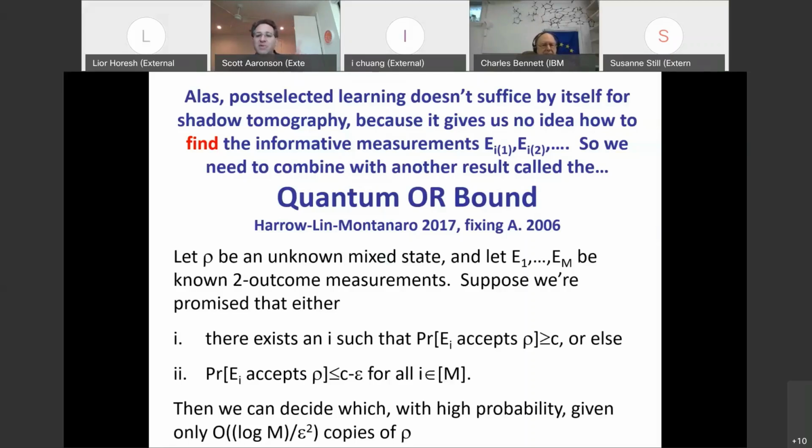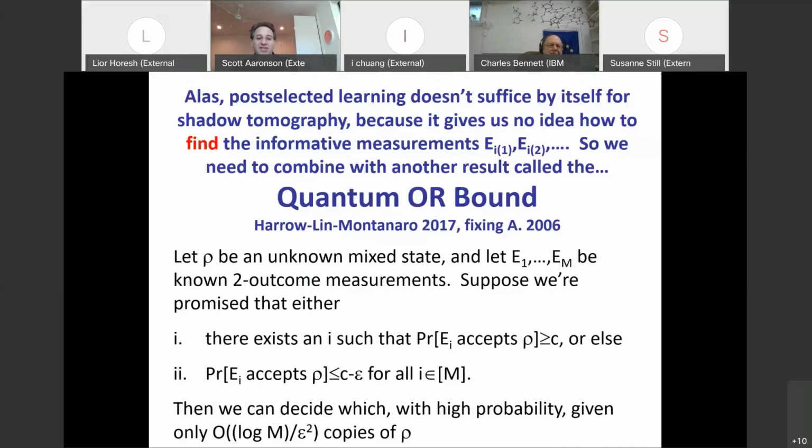Either there is some measurement I in our list, some EI, that accepts rho with high probability, at least C, let's say, or else every EI in our list accepts rho with probability at most C minus epsilon. Okay, then we can decide which with high probability given only a few copies of rho, about log m over epsilon squared copies. It actually, surprisingly, does not depend on the Hilbert space dimension at all.